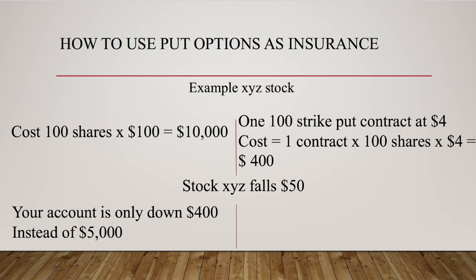So now, if you were to buy one put option contract at a $100 strike price at a $4 premium, one contract equals 100 shares times 4 equals $400. You're spending $400 just to insure your $10,000 investment.